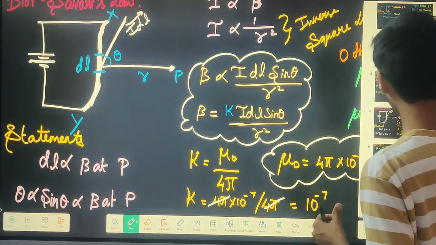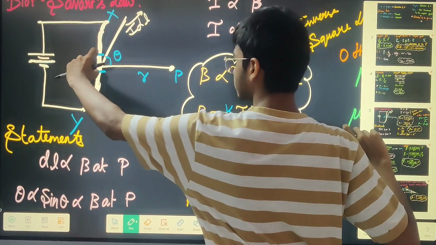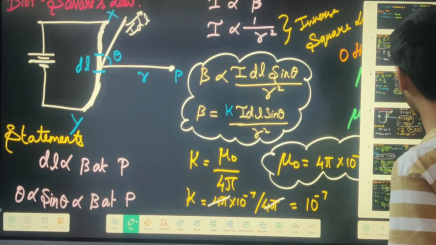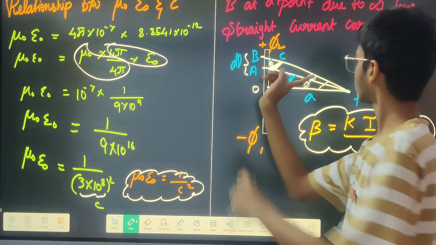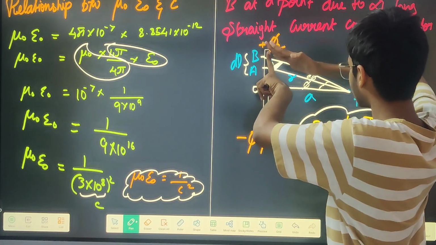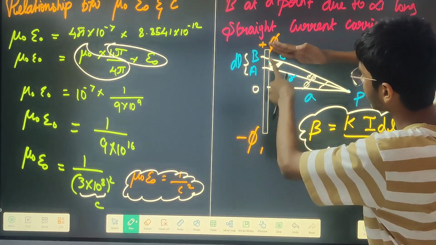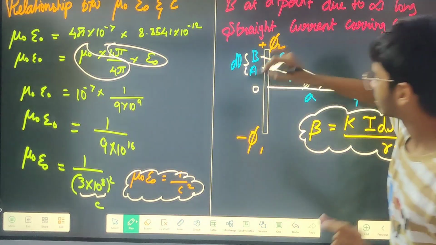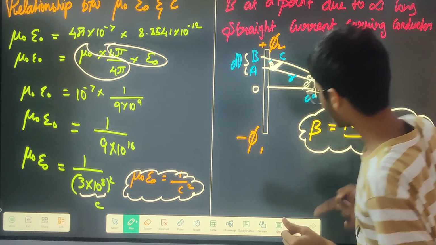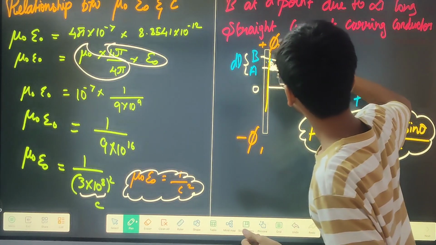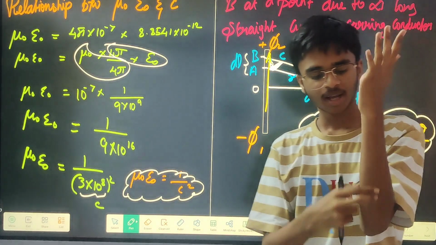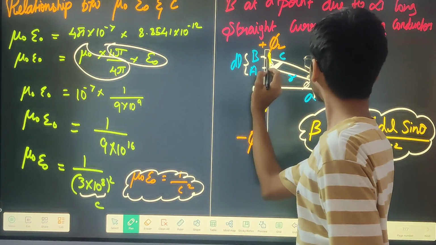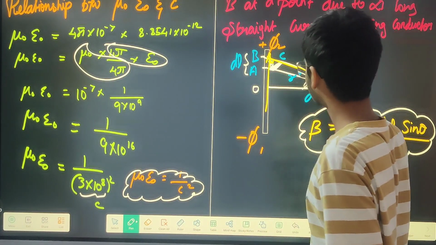Here the Idl vector is going to be straight only, since it is a uniform infinitely long conductor. This is going to be straight only, and then this point, so this is what is going to be the theta.